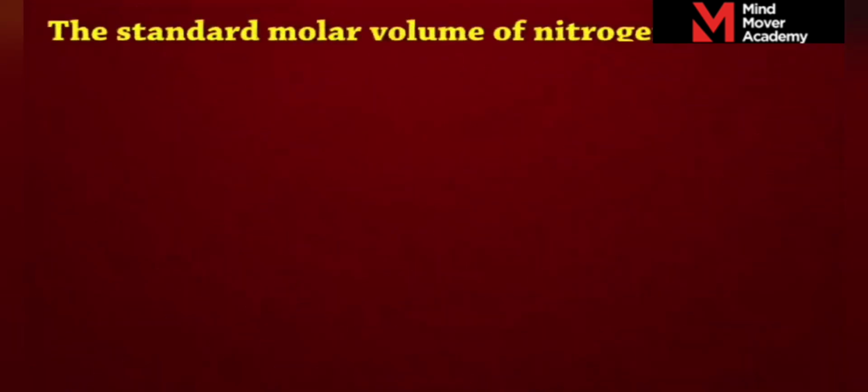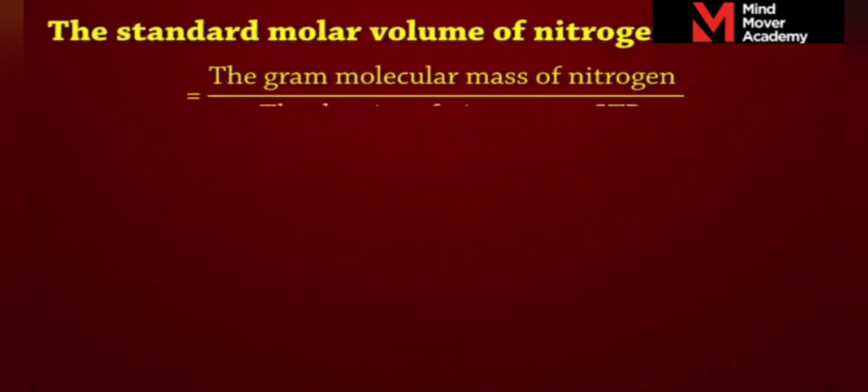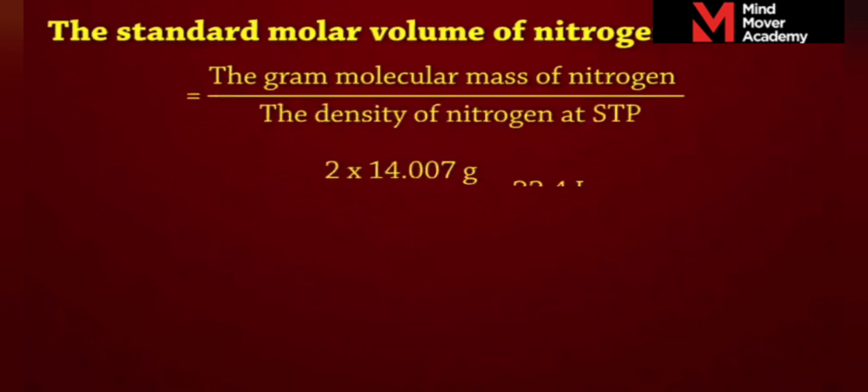The standard molar volume of nitrogen is equal to the gram molecular mass of nitrogen divided by the density of nitrogen at STP. This is equal to 2 into 14.007 grams divided by 1.2505 grams per liter is equal to 22.4 liter.